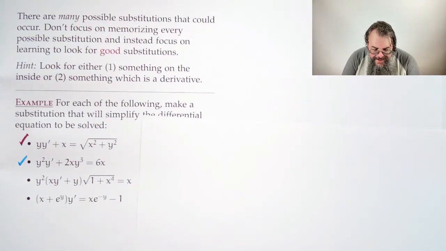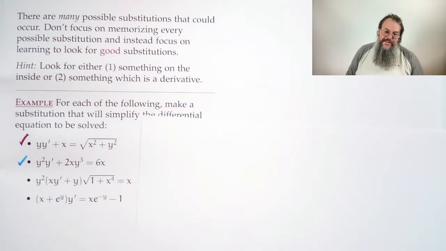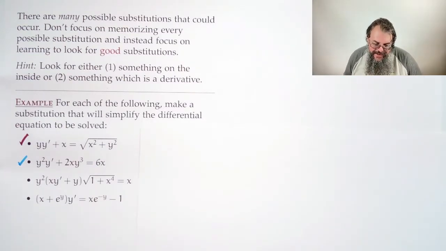And you might look at this and say like, ugh, I don't know. What can I see? Well, I'll tell you, there's actually something interesting going on here. Now, you could do a couple things. This is a Bernoulli, and that probably would work.